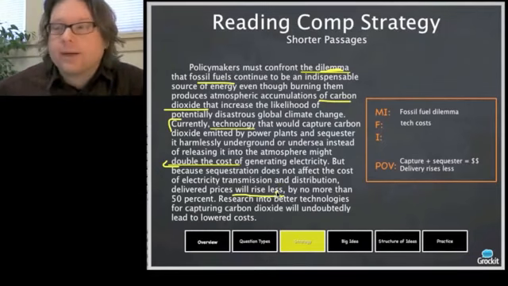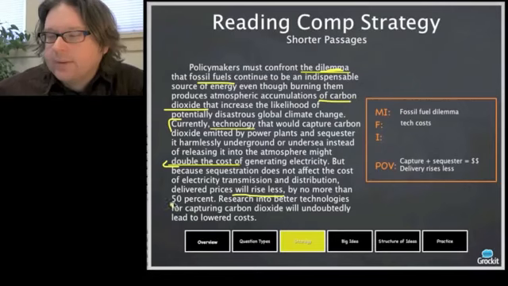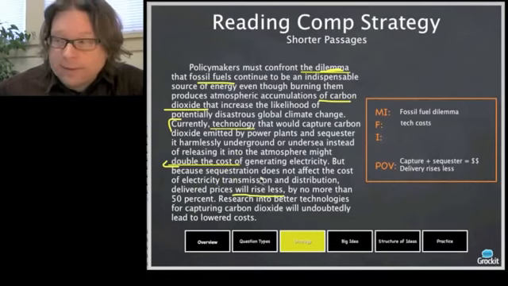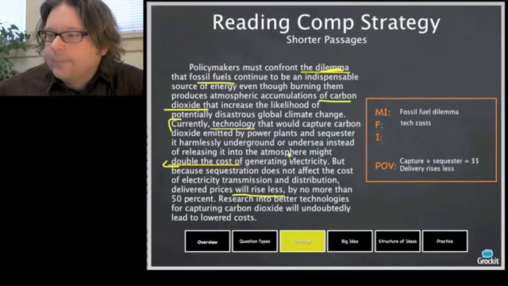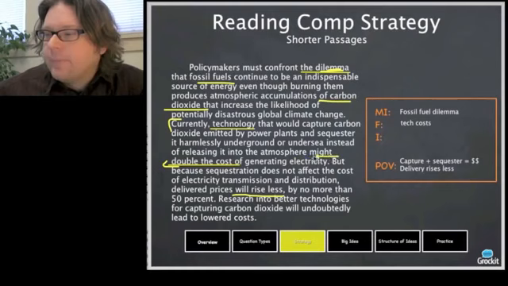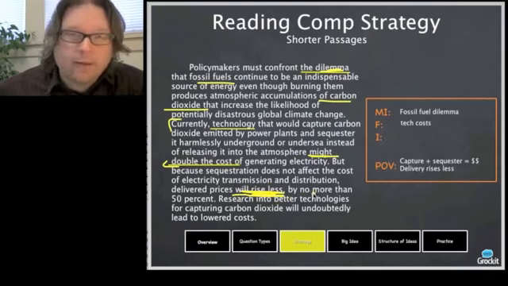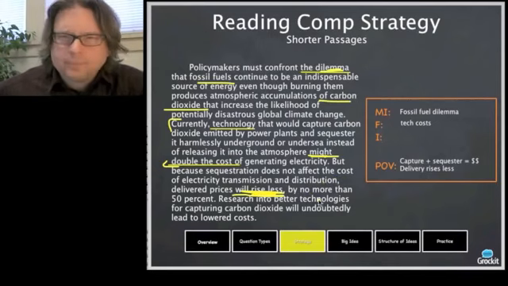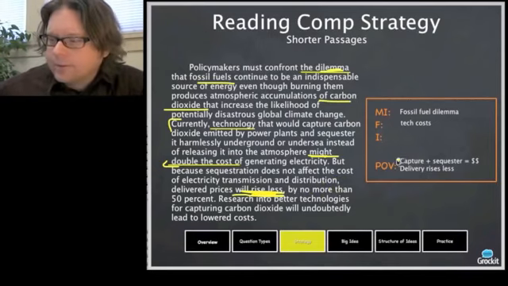But if the author just makes an outright claim about what will happen, the author is making predictions about what's going to happen. So this is what the author thinks will happen: that it might double the cost, and that the delivered prices will rise less by no more than 50%. So those are some things to note.